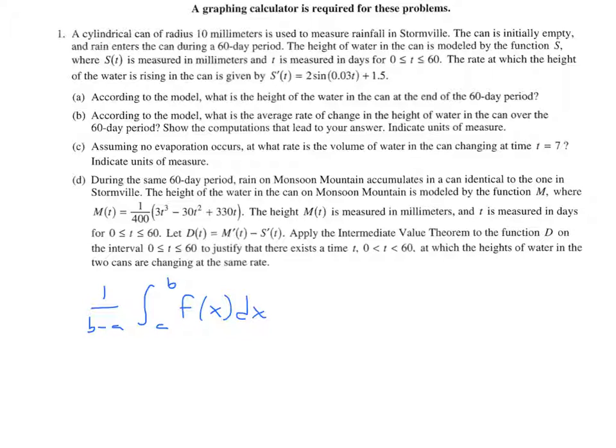That's the average value of any function f over the interval from a to b. Because they're asking for the average rate of change of the height of the water, really what they're looking for is the average value of this function right up here. Well, you set that up and you'll notice that the integral portion of this average value formula is going to be the same as the integral that you used up here in part A.